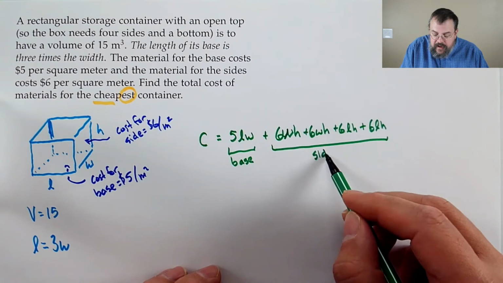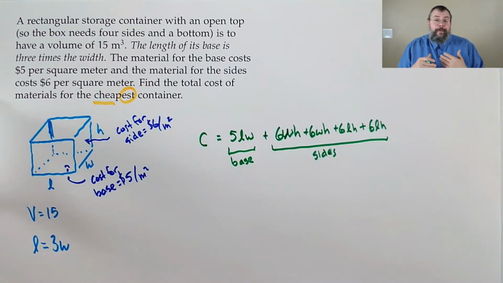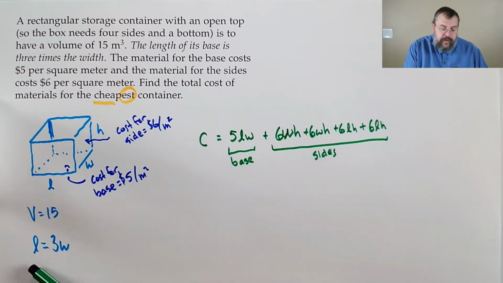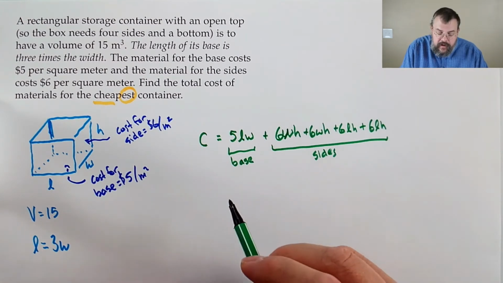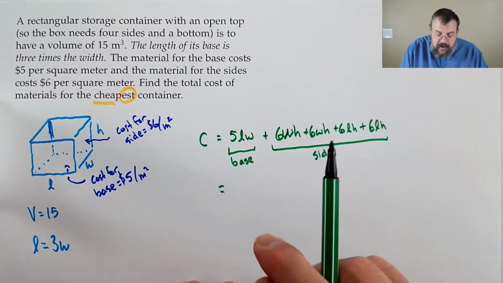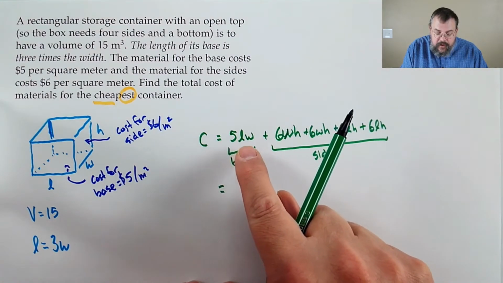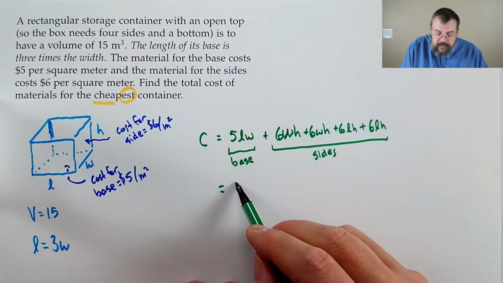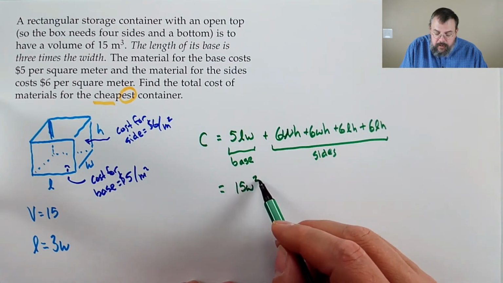Good. Now, what we want to do is go through and reduce our number of variables. Right now we have length, width, height. That's 3. We need to get to 1. 1 is our goal. So we say, okay, well, some of them are pretty easy to spot. We know length is 3 times width. So everywhere I see a length, I can replace it by 3 times width. So let's do that. Here I would have 5 times 3 width times width, which would make it 15w squared.